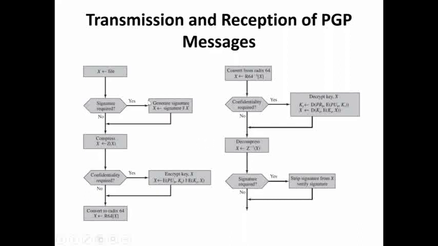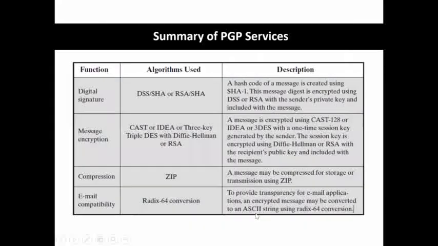Because at the sender side, the private key of user A is used for encrypting the hash code, if you want that, you use here the public key of user A. Now the hash code is decrypted. Now you check both hash codes, and if both hash codes match, then there is authenticity with respect to your messages. This is how transmission and reception of PGP messages work.